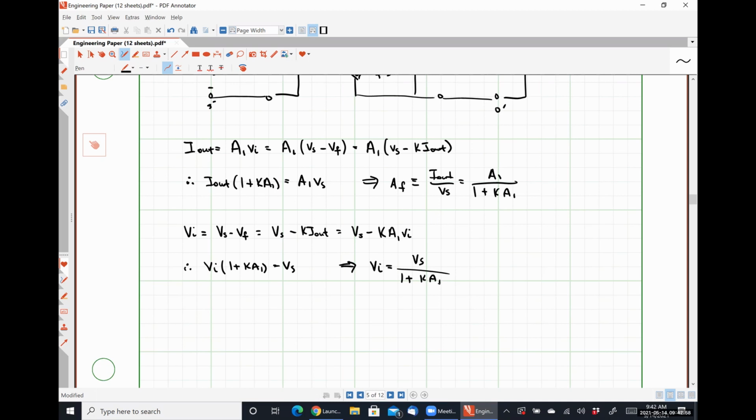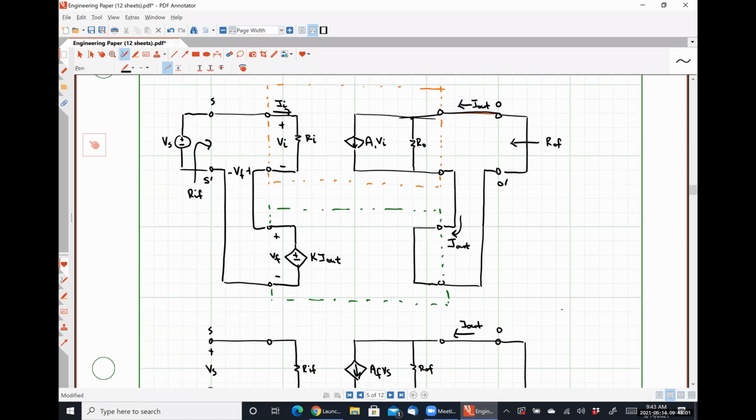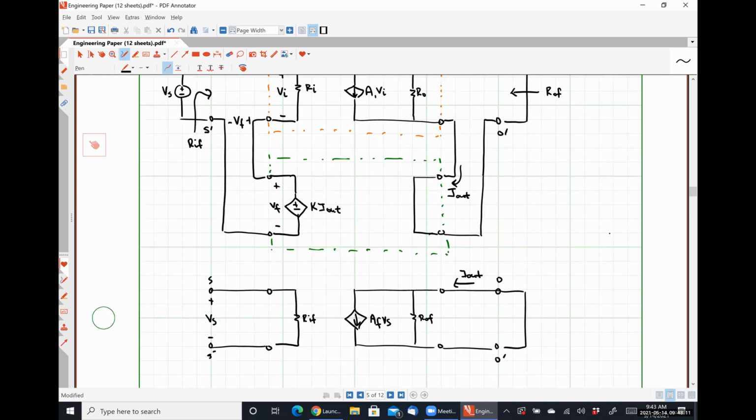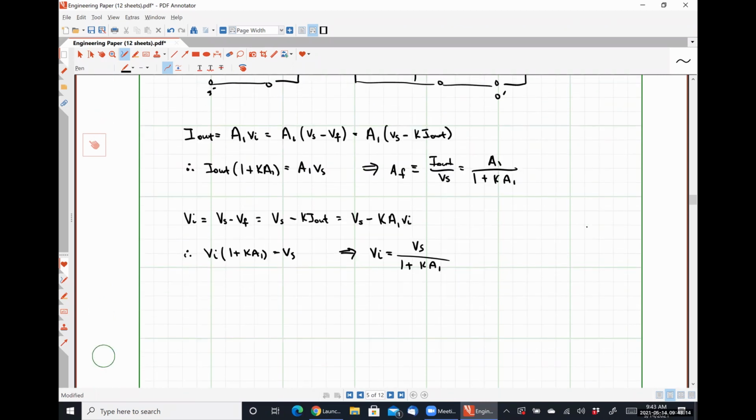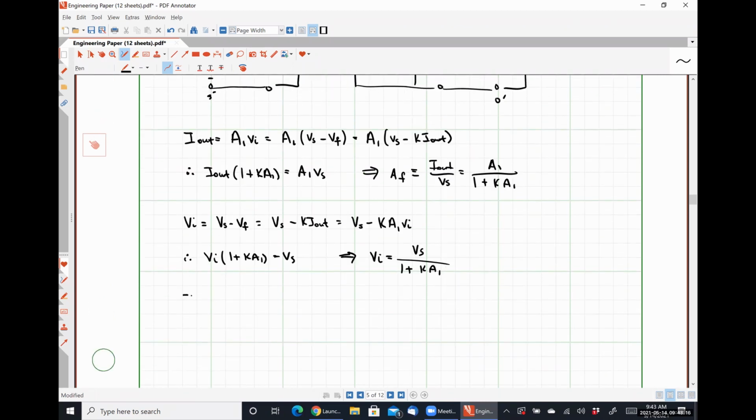The input current, II, which is the current being supplied by our signal source, is simply going to be VI over RI. So I_I is equal to VI over RI, which is VS divided by (1 + K·A1) times RI.